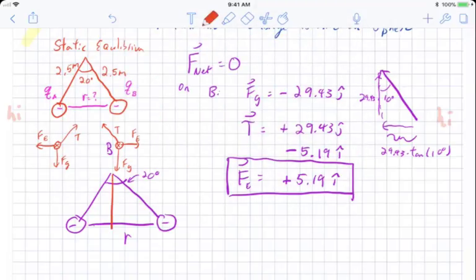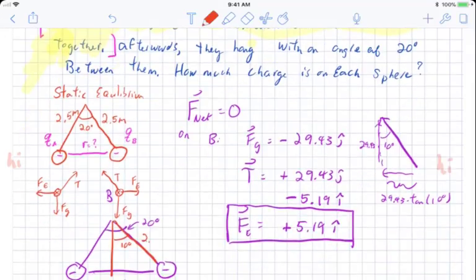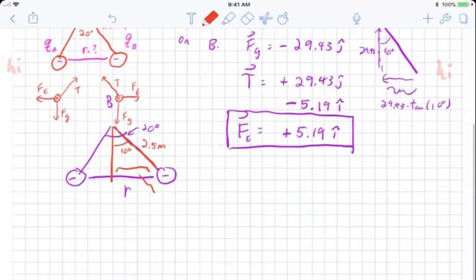Okay, so this angle here is 10 degrees. I know that the length of this side is, what did I say? It's 2.5 meters. So this length here is going to be 2.5 times sine of 10 degrees.